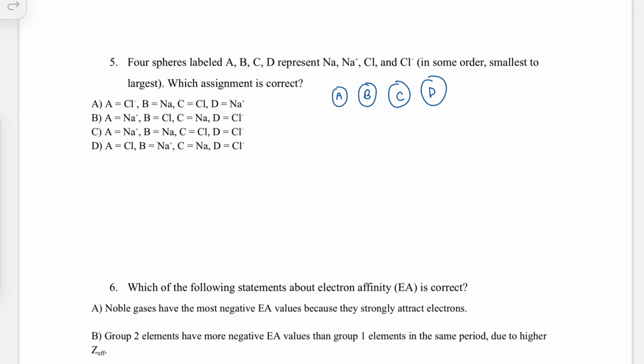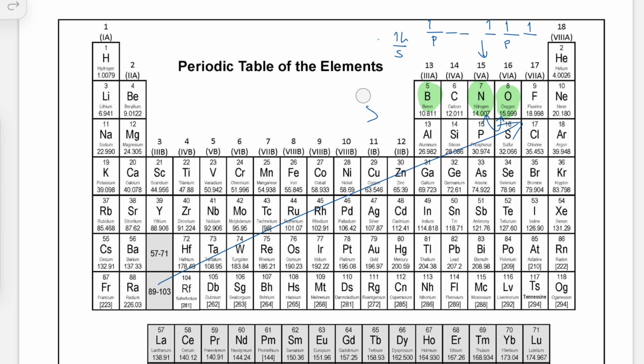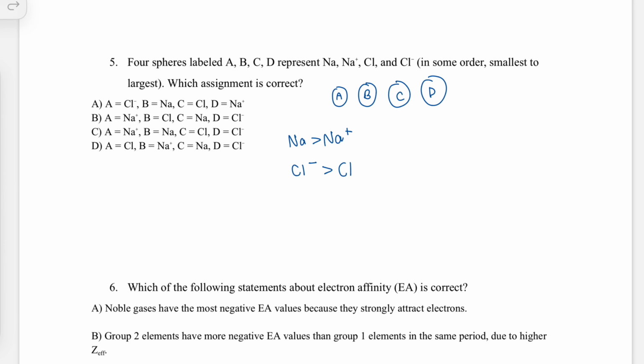So how we'll do that is we know that the neutral atom is greater than its cation, and the anion is greater than the neutral atom. And then let's compare Na and Cl. So Cl and Na are in the same period, but chlorine has a greater effective nuclear charge. Therefore, electrons are pulled in and it has a smaller radius. So we know that sodium is greater than chlorine.